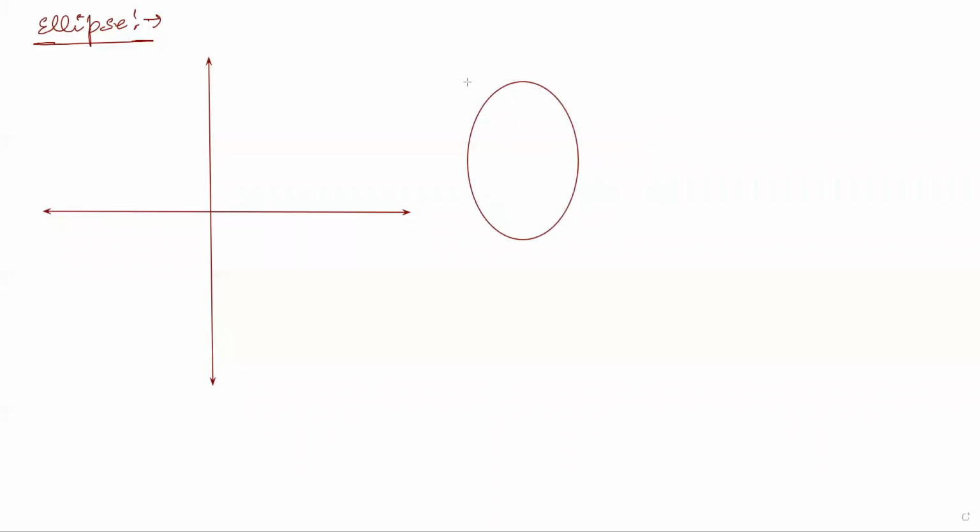And if you squeeze it vertically, it becomes something like this. So the figure of an ellipse is a squeezed circle. This is known as a vertical ellipse, and this is known as a horizontal ellipse.